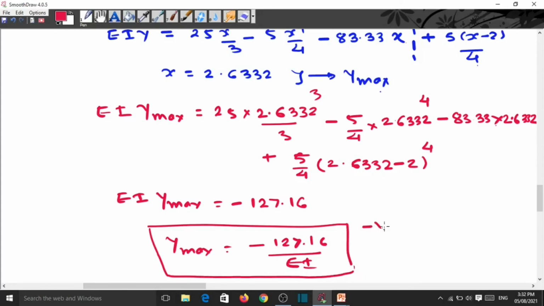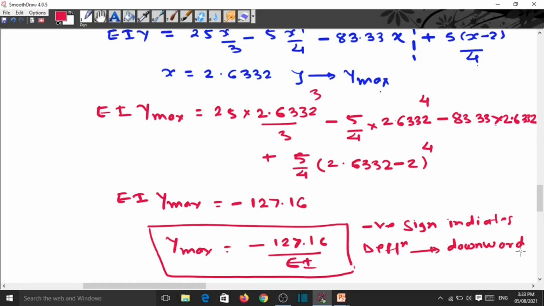This negative sign indicates that the deflection is downward.